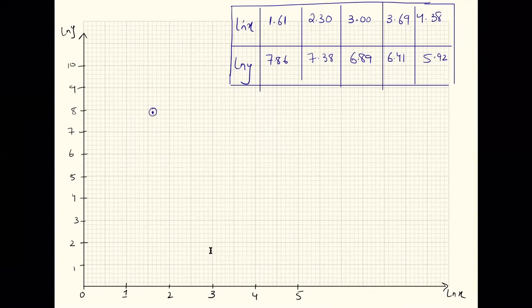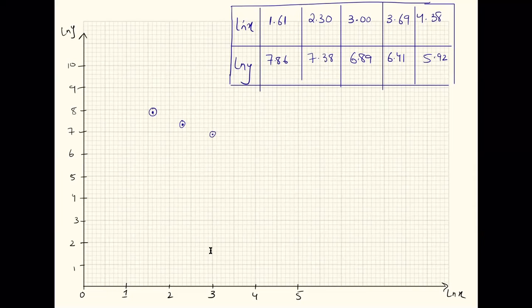Then 2.3, 7.38, which is somewhere between 7.3 and 7.4. Then 3.0 and 6.89, which means 6.9, somewhere here.